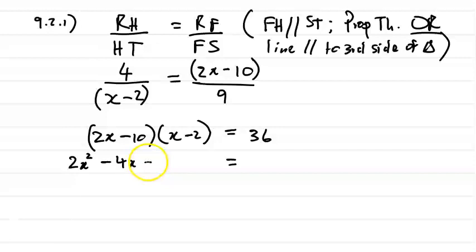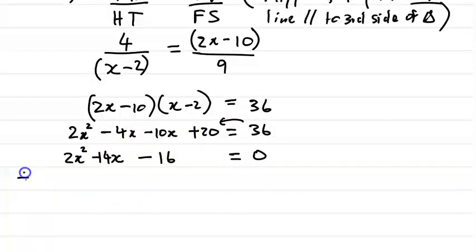Minus 10 times x is minus 10x. Minus 10 times minus 2 is positive 20, and that's equal to 36.